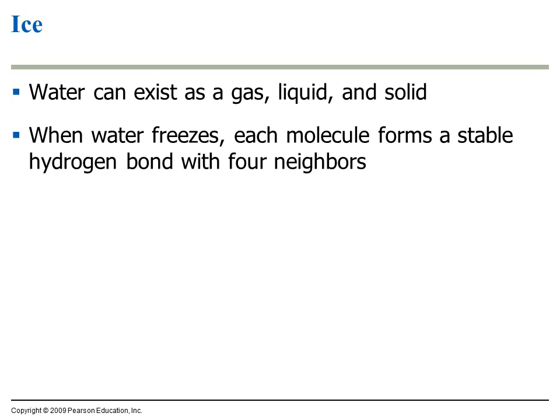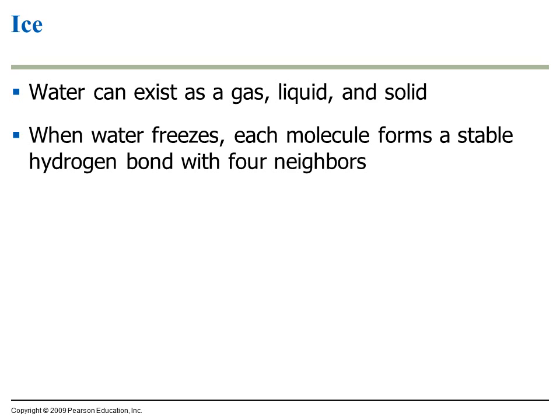Water also can exist as gas, liquid, and solid. We should know this. It's wintertime here in Wisconsin. When we go out on a lake, we notice that we can walk on the ice. Because as water freezes, each water molecule forms a stable hydrogen bond with four neighbors.